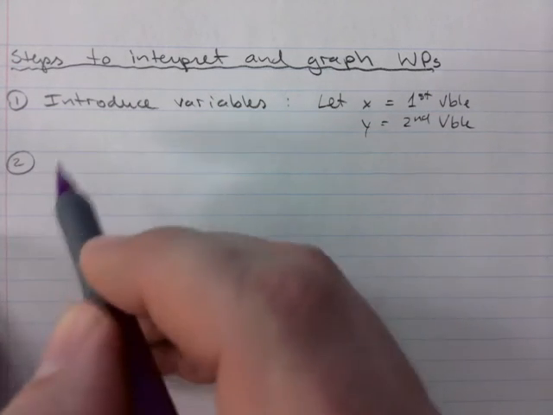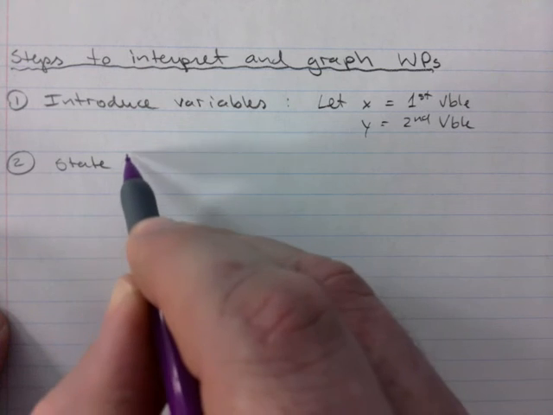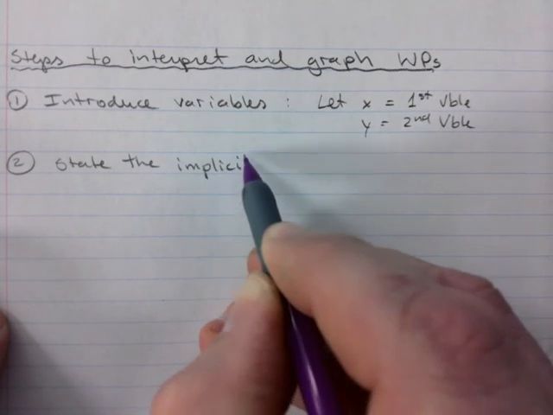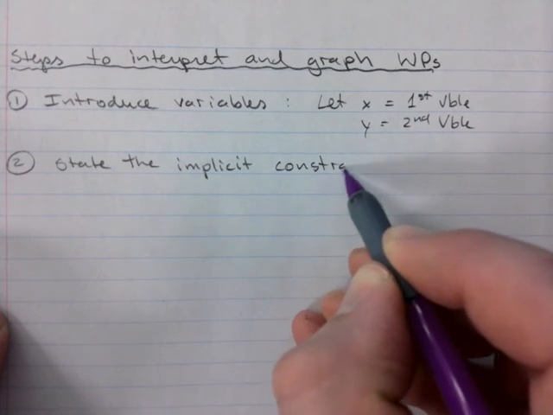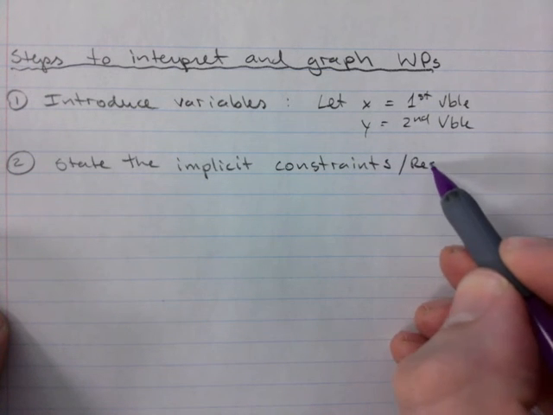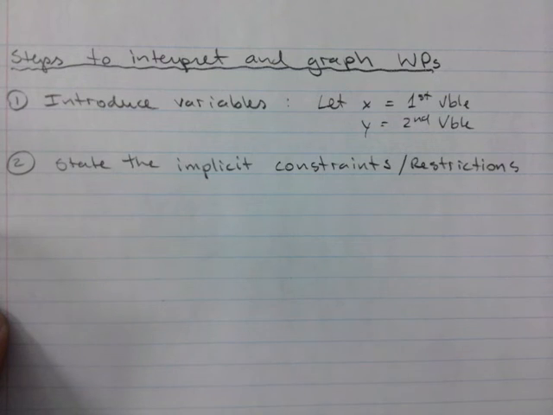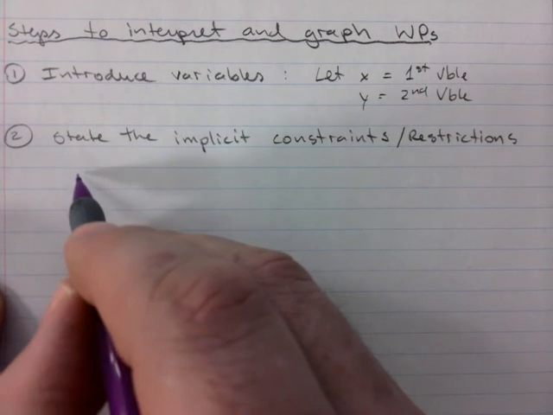Secondly, state the implicit constraints or restrictions. And this one is almost a no-brainer, except for some students, because they rush so much, they forget that.